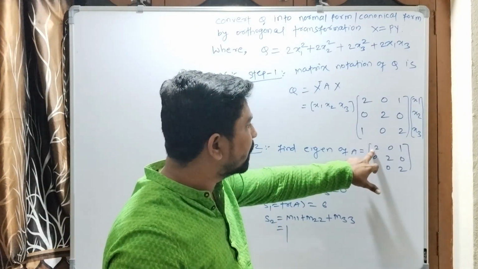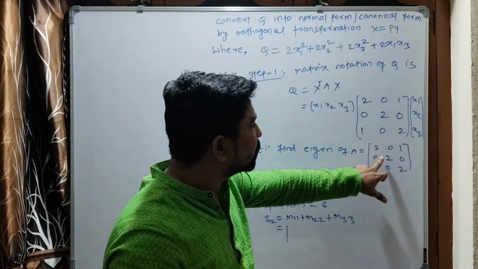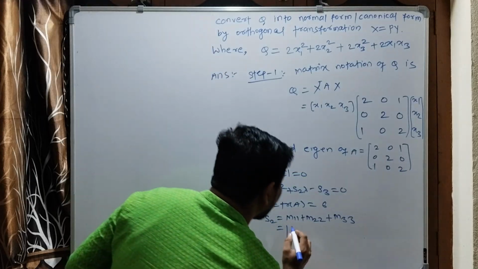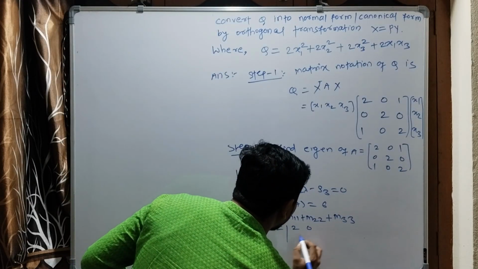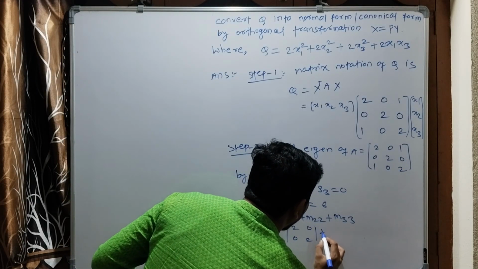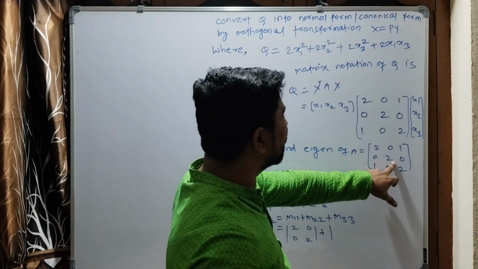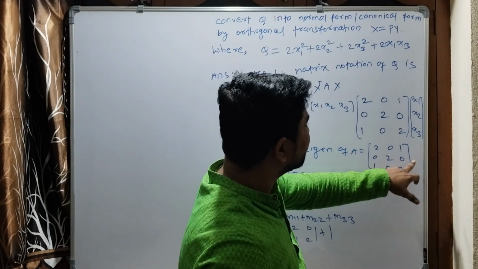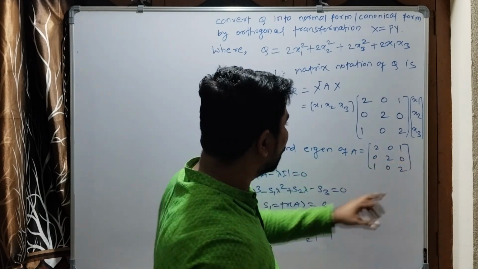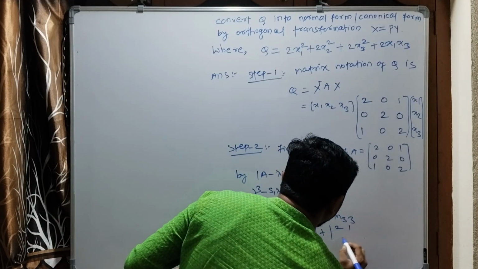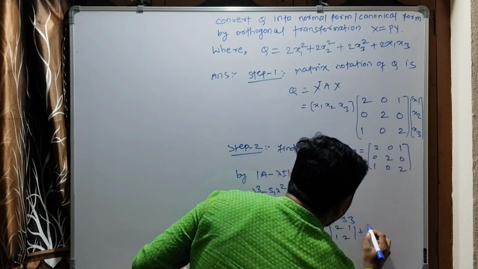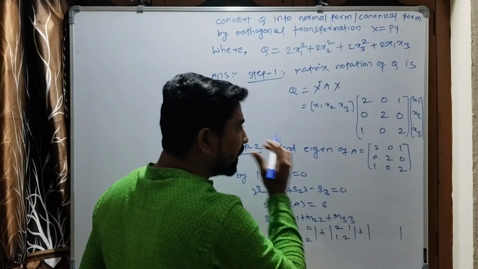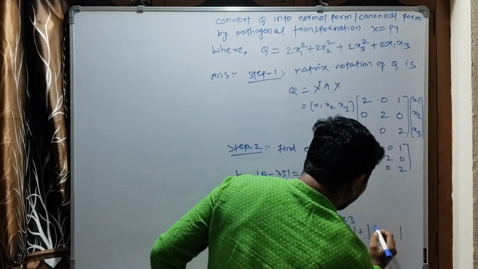S2 equals M11 plus M22 plus M33. First I find the minor of the element M11: 4 minus 0, the determinant of 2 0 0 2. Next I find the minor of the second element by hiding the second row and second column: 2 1 1 2. Then the minor of the last element: 2 0 0 2.